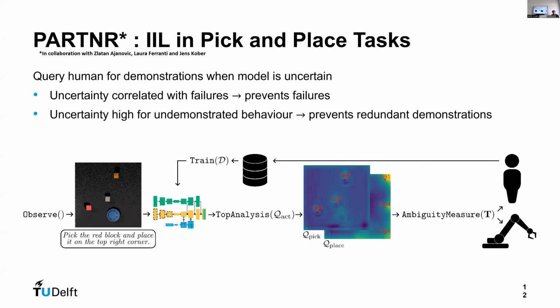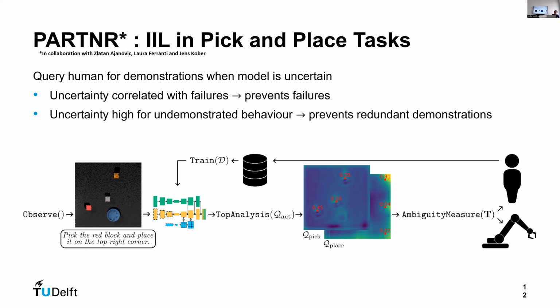We put this into our model, and our model will output a pixel-wise value map. This is a distribution over all pixels, so this value map will sum up to 1. Then we have a demonstration from a human, where the human picks an object at a certain pixel location and places it at a certain pixel location.